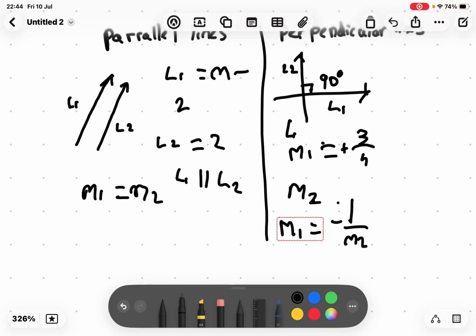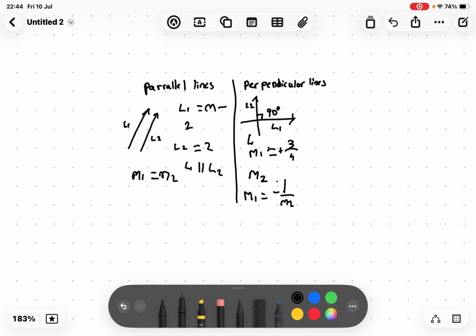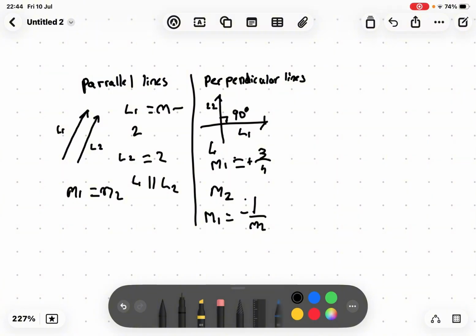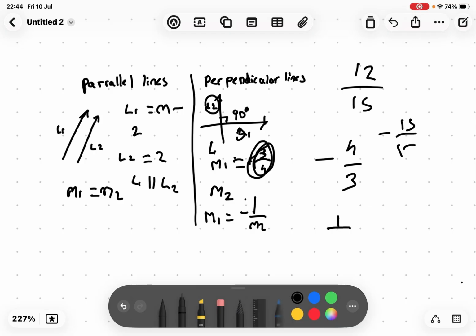You might think, okay, what does that mean? Well, basically, easy to explain. You just completely change everything for M1 for the opposite line. This is positive, so we make it negative, and we switch these two numbers. The sign, by the way, is this. So you just flip it. If for L2 it was 12 over 15, for L1 it would be negative 15 over 12. That damn easy.